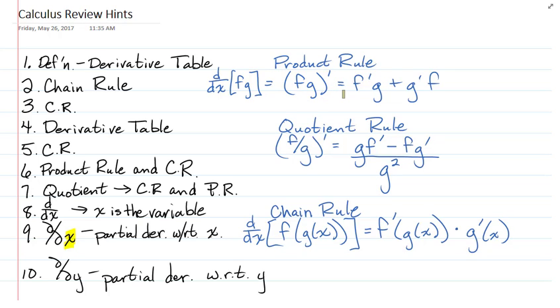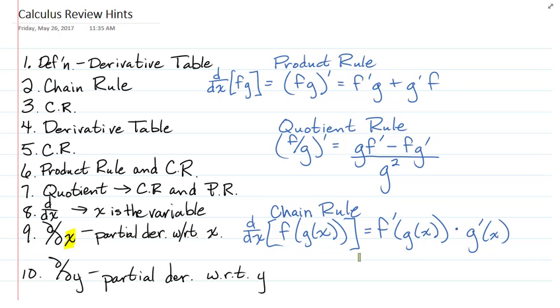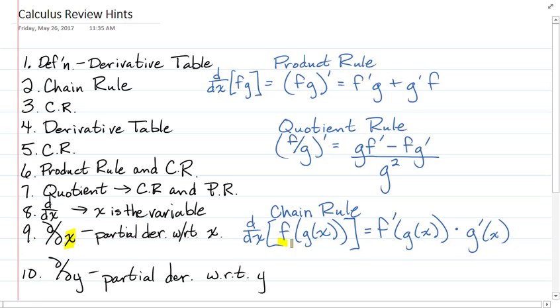So if I want to take the derivative of fg, as this says, there's my product rule right there, and hopefully you remember that. Same goes for the quotient rule. And then for the chain rule, we get a little more official, but remember the chain rule is something that we use when we are differentiating a composed function, a function that has one function inside of another.